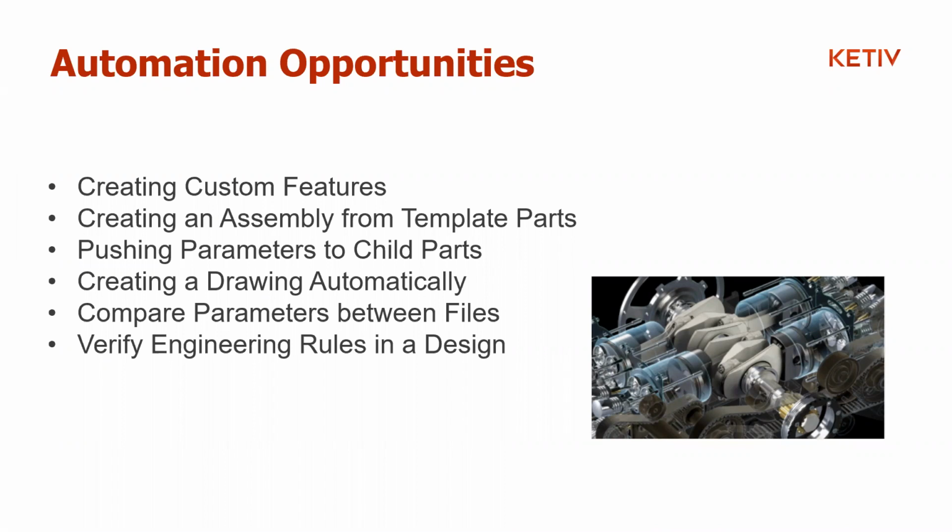Comparing parameters between files: let's say you had a lot of versions and you wanted to see whether somebody changed a parameter in one of them, so you can go undo it or whatever. That's possible. And also verifying your engineering rules, seeing where a design breaks certain engineering rules that you can set up. So all of these are just the tip of the iceberg of stuff that we can do with automation and stuff that we could perhaps get into in future AVAs.